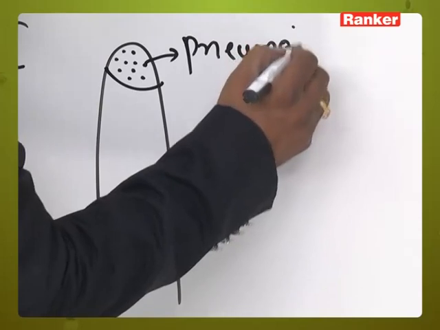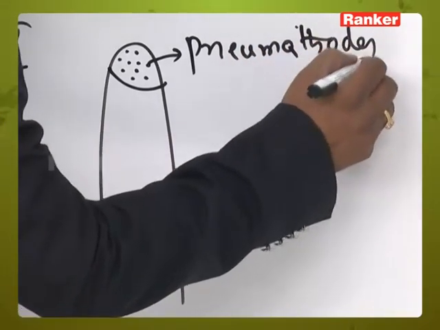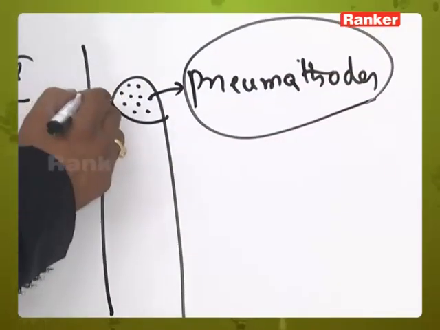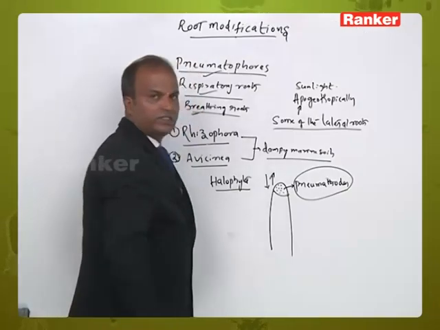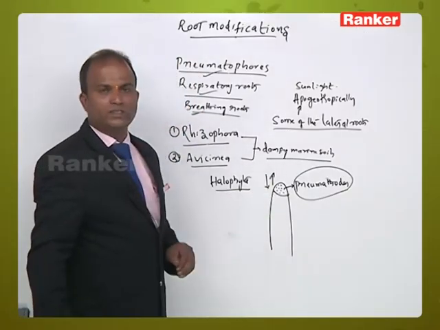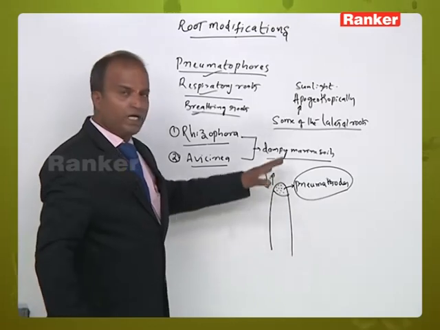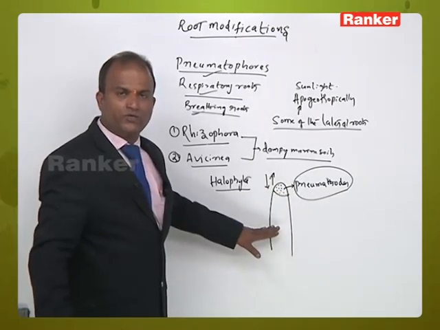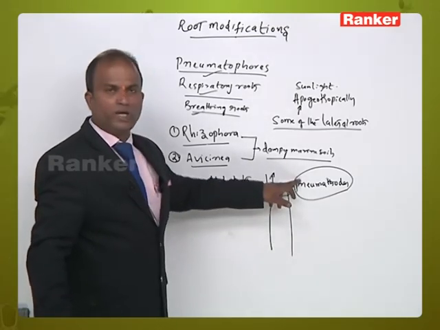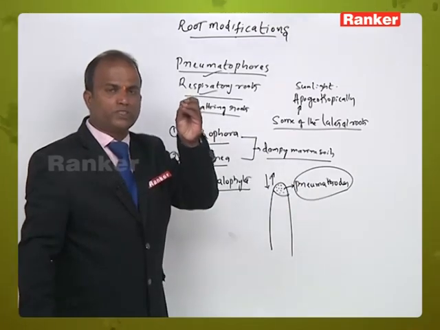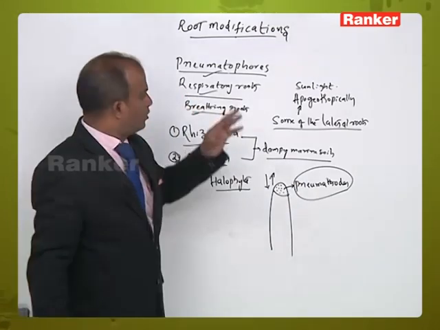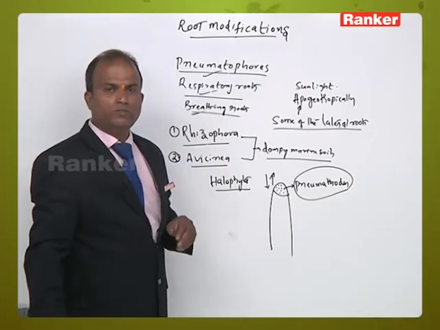These help in gaseous exchange. Which one helps in gaseous exchange in the nematophores? That is nothing but the nematodes, the small openings present towards the apex of the nematophore.